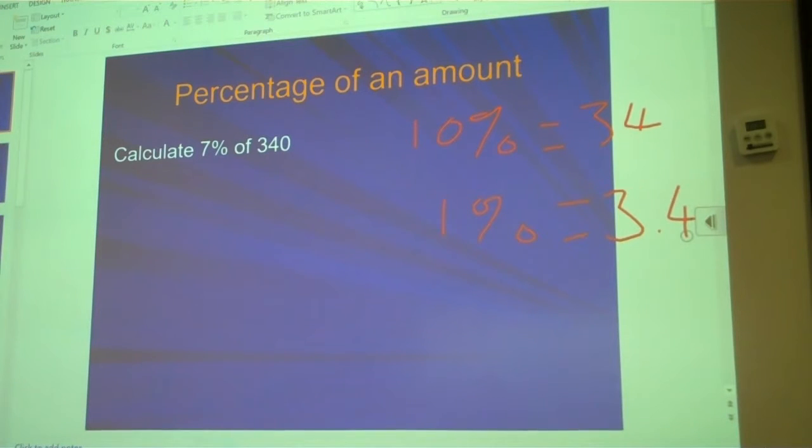So you've got 3%, and that would give you 10.2. Take it off the 10%, giving you 23.8.